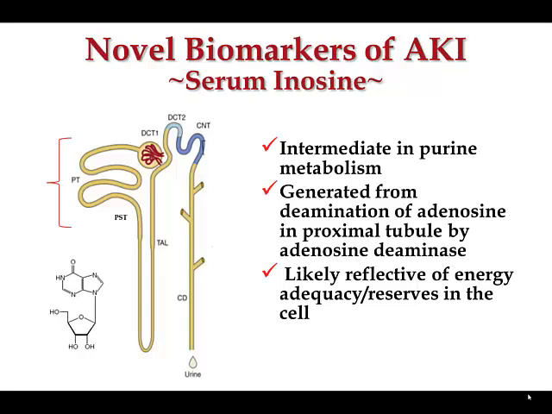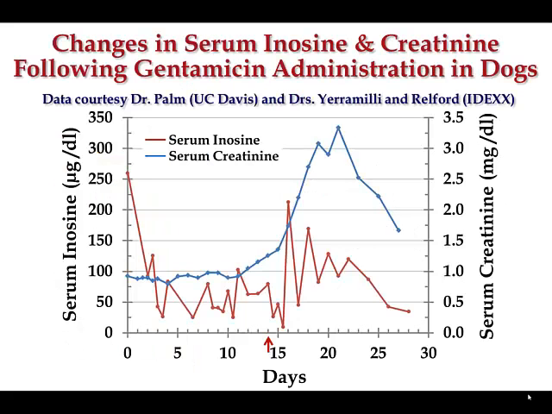This one is a serum biomarker, and so you would predict that it would change in the serum as there was a change in its constitutive production. And so compared to a lot of the other biomarkers that we'll be looking at, inosine is a marker where we identify the injury as it drops, not as it accumulates in the sample that you're collecting.